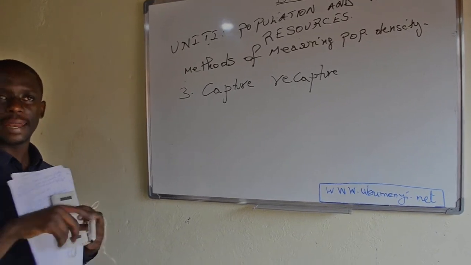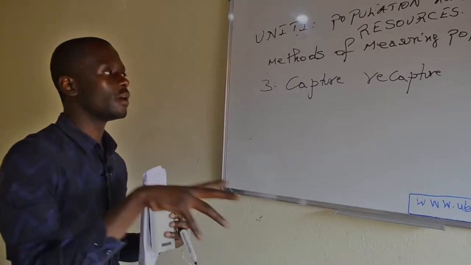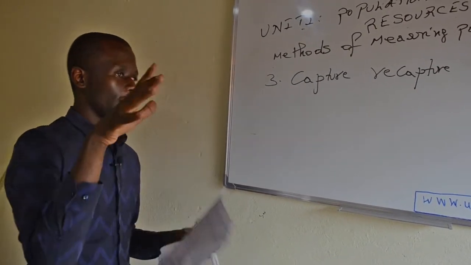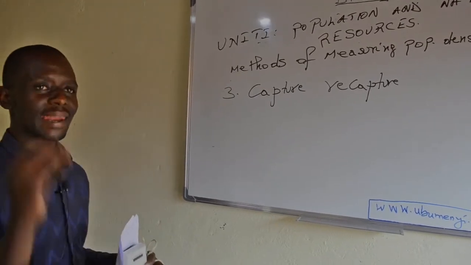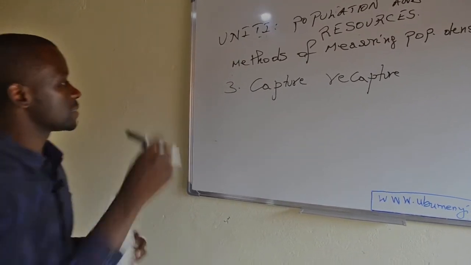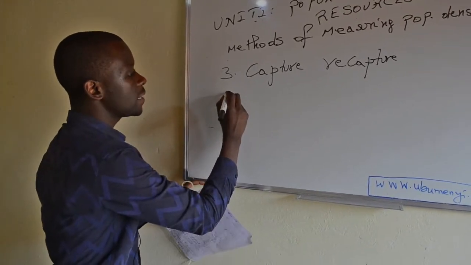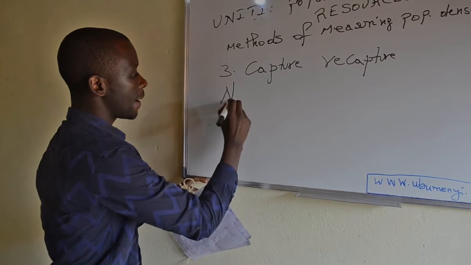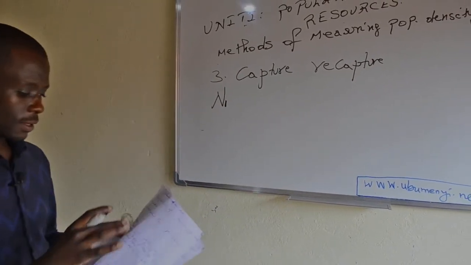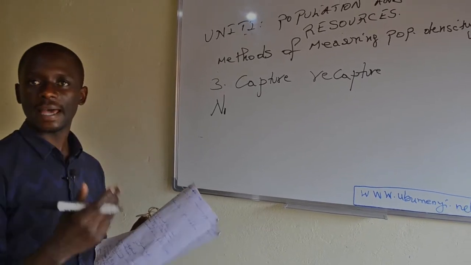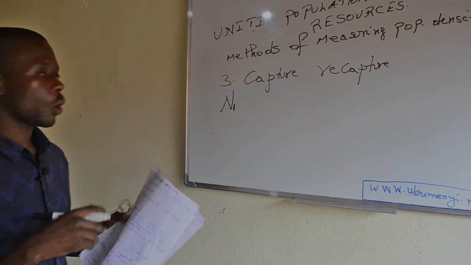You can use a net, like the net we use while fishing in an ocean or in a lake. You can capture organisms like fishes, like birds, and then recapture. How do we do this? You first capture organisms. The organisms captured first are called N1. You capture them and you paint them, you put signs on them.